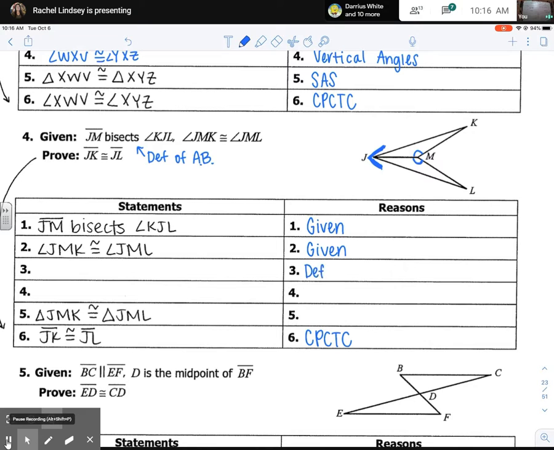That's going to be my reason 3, and then we need to write the statement for that. So, angle KJM is congruent to LJM.